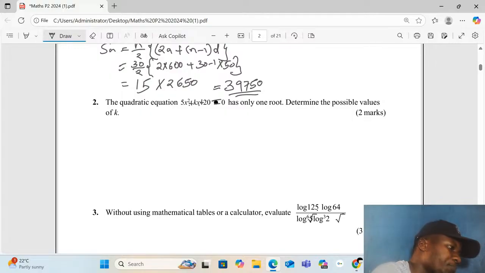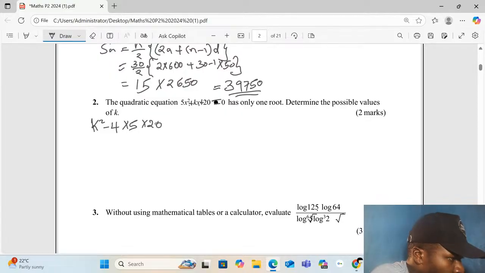Now they are saying determine the possible value of k. So we are going to take k squared minus 4 times 5 times 20 equal to 0. So we move these to the other side, and we remain with k squared on one side.